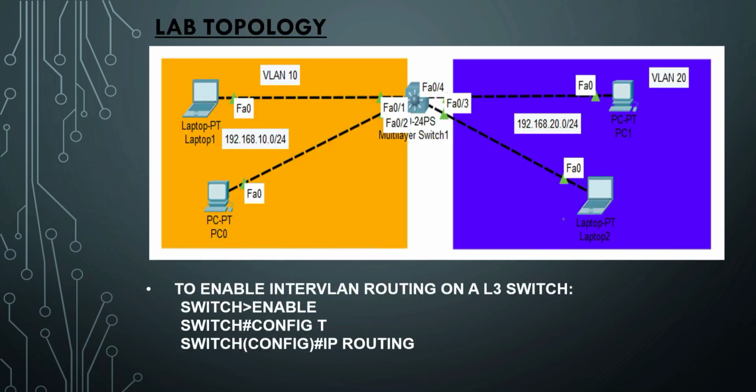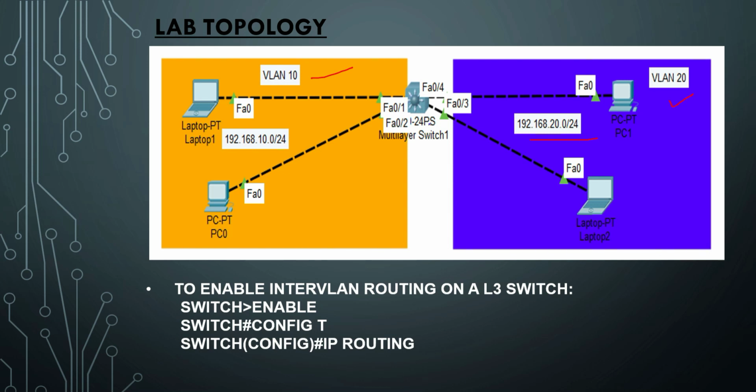And this is the lab topology that we are going to configure in Packet Tracer today. We have two different VLANs, VLAN 10 and VLAN 20, and two different networks, the 192.168.20.0 network and the 192.168.10.0 network. In the Day 18 training series, we included a router in between and created a trunk port because that switch was layer 2, data link layer.